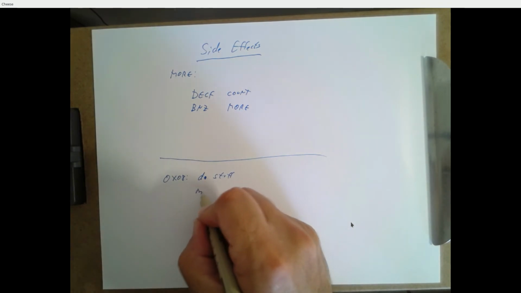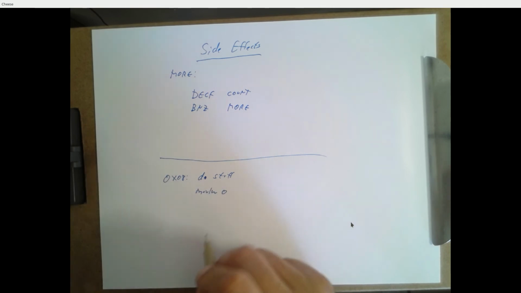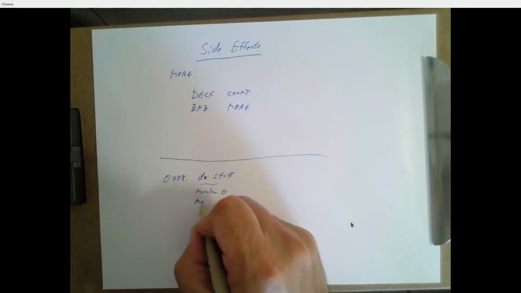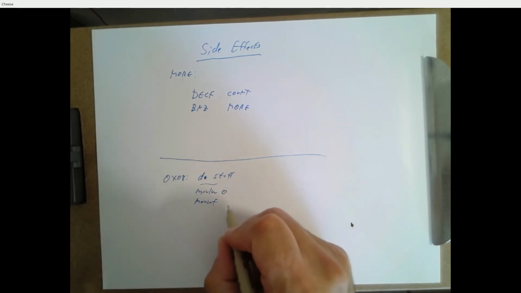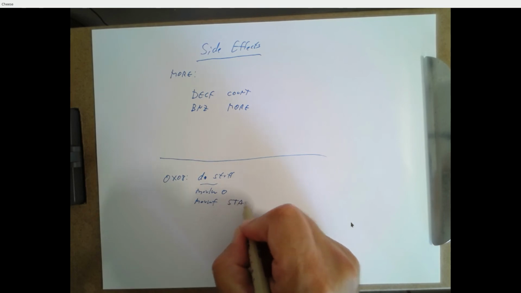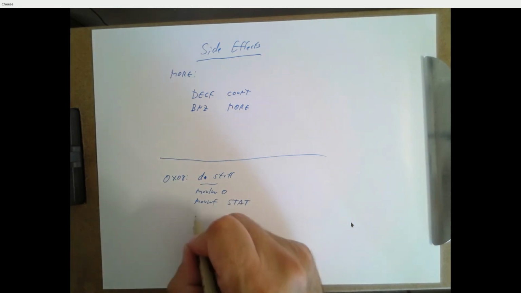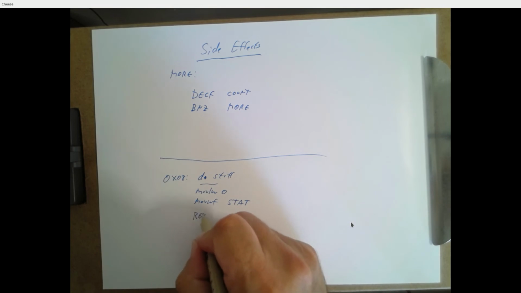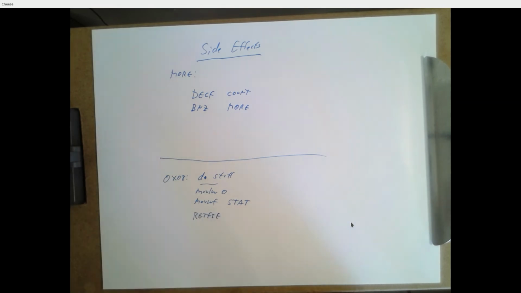And I don't know, let's move a 0 into W. Move W into some file register called stat, and then let's return from the interrupt.